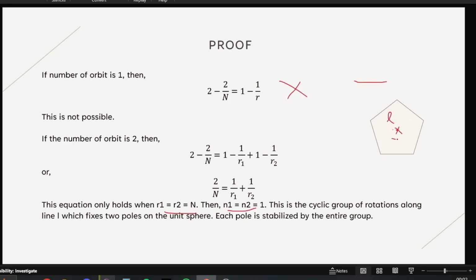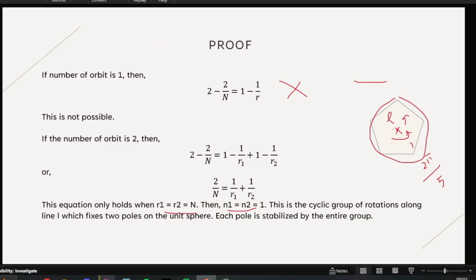So this is basically rotations, 2 pi by 5 rotations along it. And if we take this line L and the unit sphere, the line L will touch 2 points, one side over there and the other side over here.